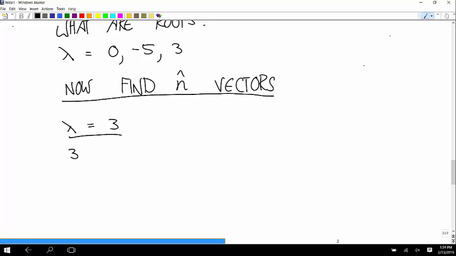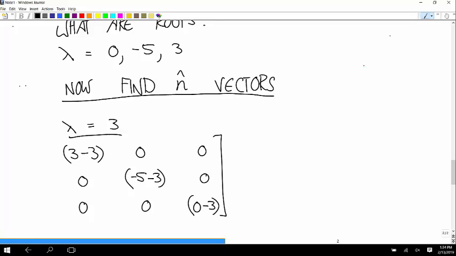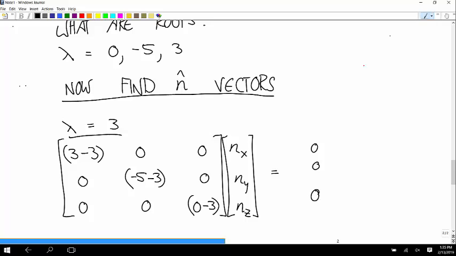Okay, so we have 3 minus lambda, and I'm going to plug 3 in for lambda. So 3 minus 3, 0, 0, and then 0, -5 minus lambda, which is 3, 0, and 0, 0, 0 minus 3, and we're multiplying that by nx, ny, and nz, and that has to be equal to zeros.